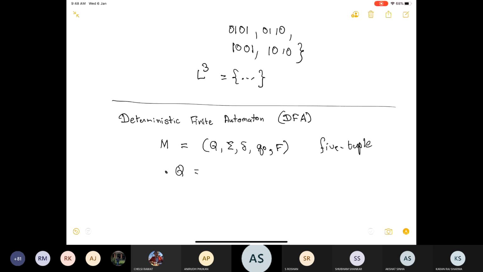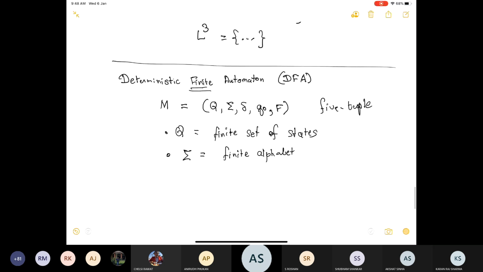So Q is a set of states, and that is finite. It's important that the set of states is finite. You can think of the states as being the memory of the machine. And sigma, as earlier, is a finite alphabet. So it's a finite set of symbols.